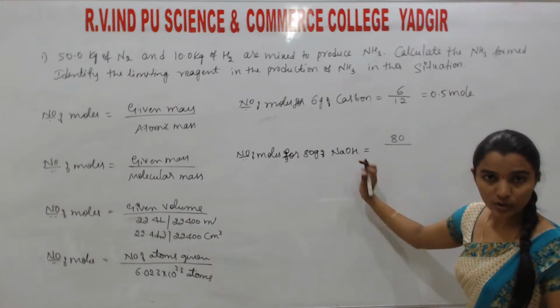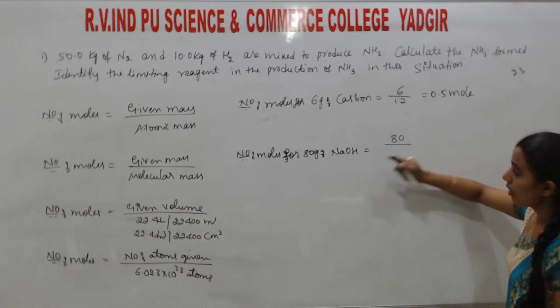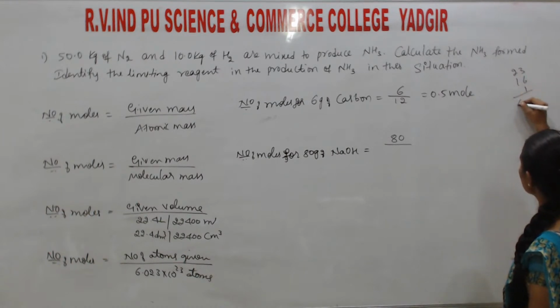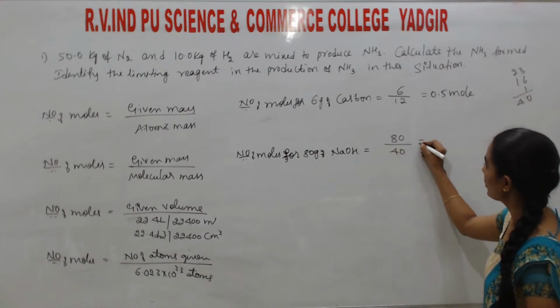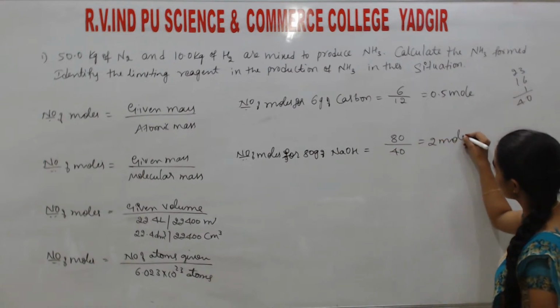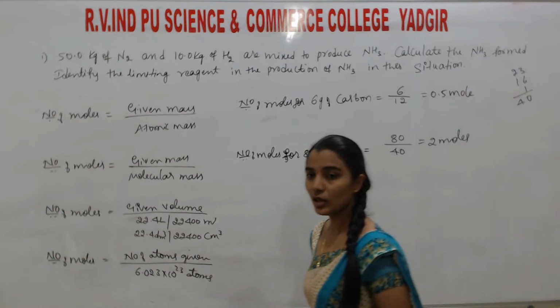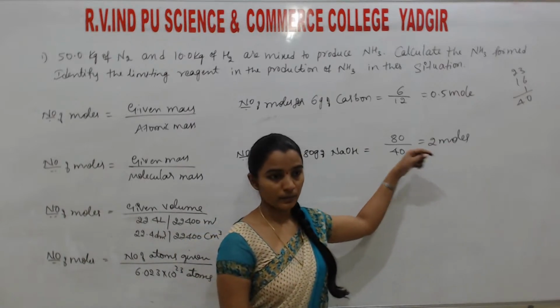Molecular mass of NaOH if you calculate: Na atomic mass is 23, oxygen atomic mass is 16, hydrogen atomic mass is 1. That is 40. So this is 80 divided by 40 means 2 moles. Okay, 0.5 mole. This is 2 moles.